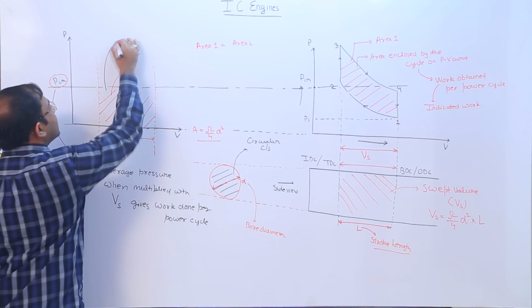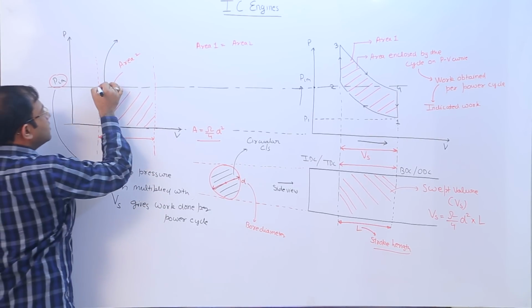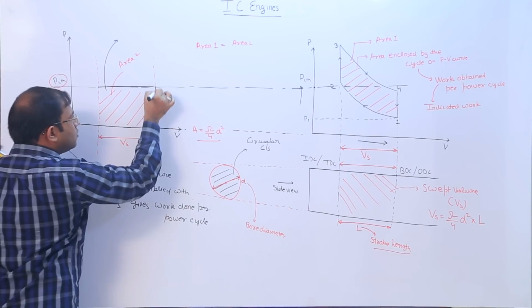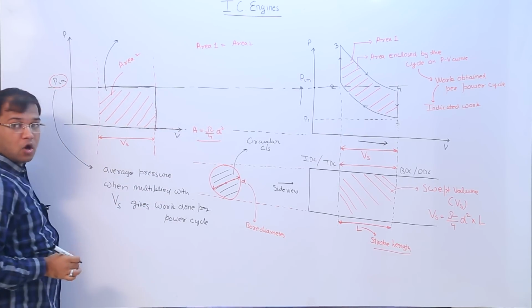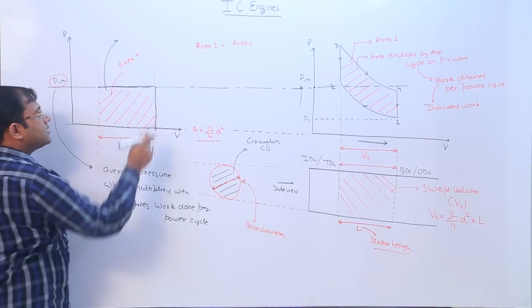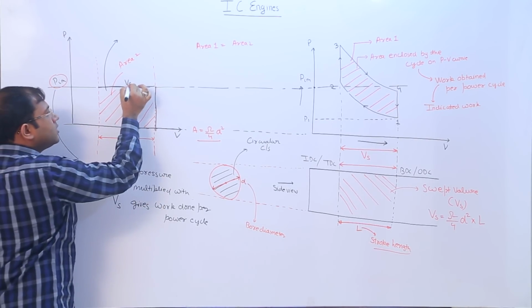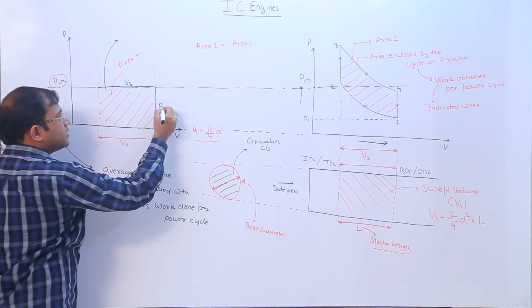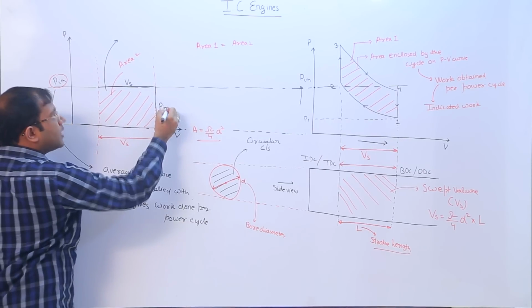This area can be simply written as the product of this length and this length, and this length is nothing but your Vs and this length is nothing but your PIM.